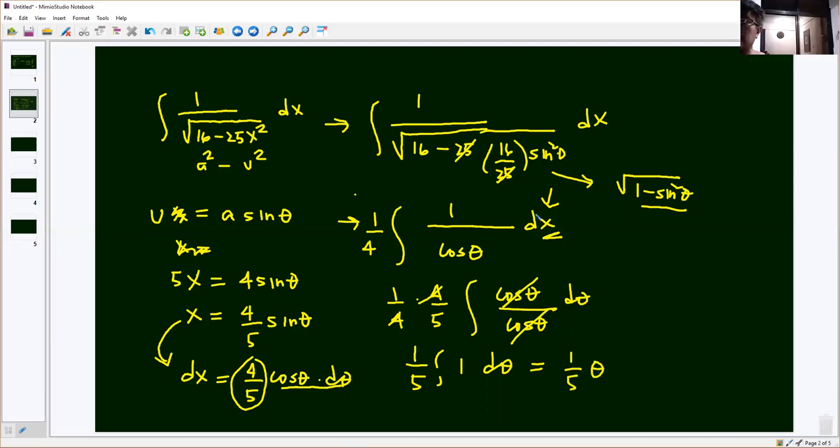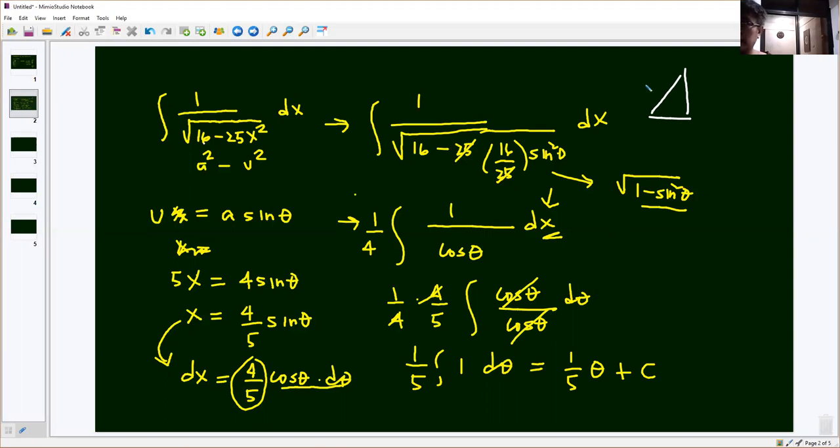O now, ito yung pagbalik sa dati. Kasi theta pa to. Pag nilagyan mo ng plus c, hindi pa to tapos. So, babalik natin sa dati. So, yung triangle ang tutulong sa atin. Sulat ko yung triangle dito. Obviously, si 4 ang hypotenuse.